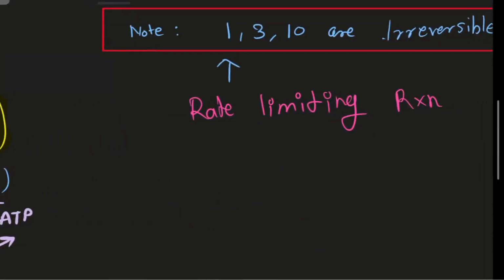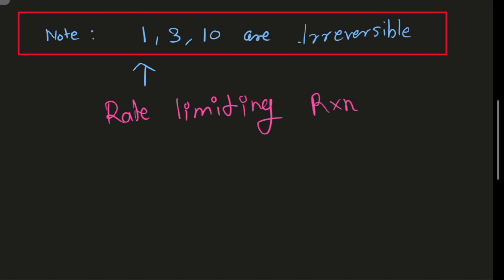Also, the first, third and 10th steps of glycolysis are irreversible, which means they are rate limiting steps of the reaction.